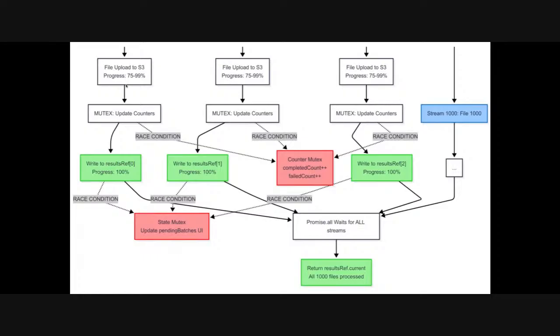Oh, my first duck flew there first. So when he's trying to write the progress of his index, if by any coincidence another duck is also trying to update the complete or failed count, it needs to wait for the first duck to solve that problem first.